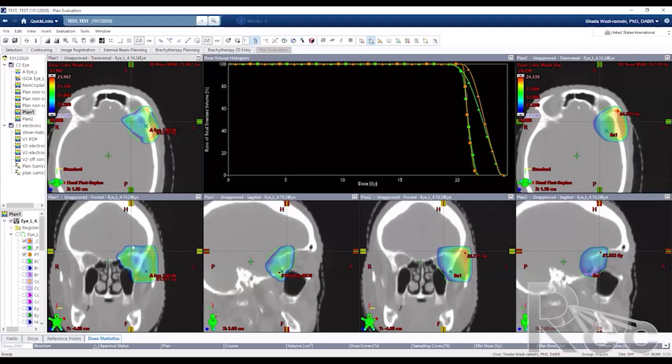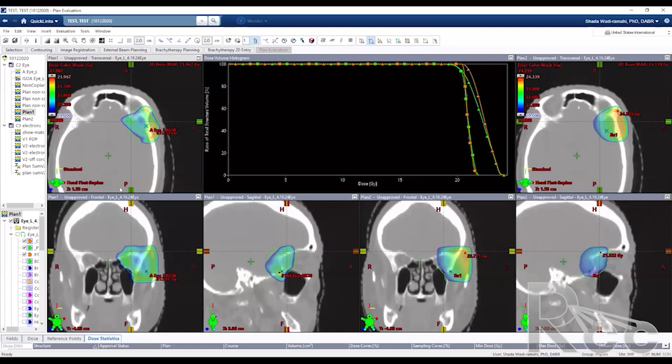So all this is dose spillage, prescription dose and higher, in normal tissue. I do not see it here in plan 2, but I do see a little bit of a strip here, a little bit of blue, which means prescription dose. Here, blue and green, green is higher dose. So green is like 21 gray. So this is your 105%, right? You don't get this information from the DVH either.